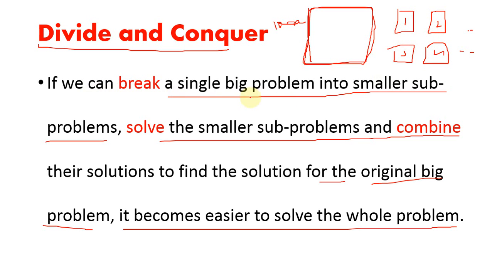We break a single big problem into smaller sub-problems and solve each of them. After you find the solutions, combine them to get the solution for the original big problem. It becomes easier to solve the whole problem.